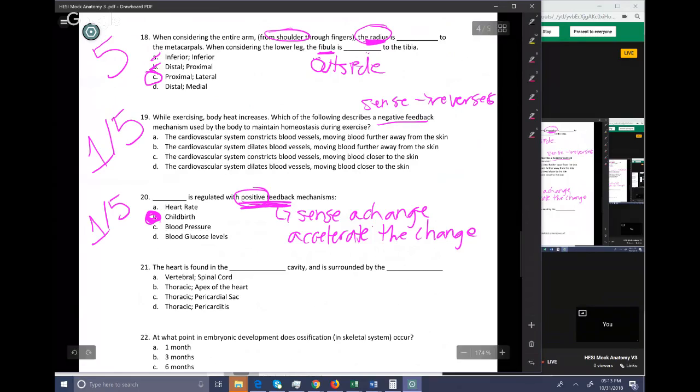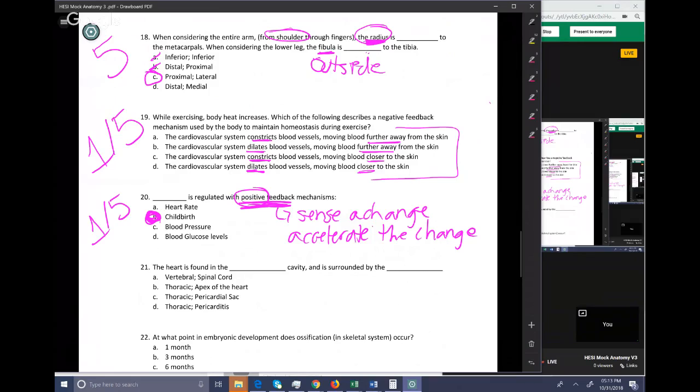What you're going to see here, the reason that I'm telling you you don't need to know a whole bunch about this, is your answers are very narrow. There's one difference in the front part and one difference in the back part of the answer. That's what you're actually trying to determine. So you don't need to know what all the body heat mechanisms are.